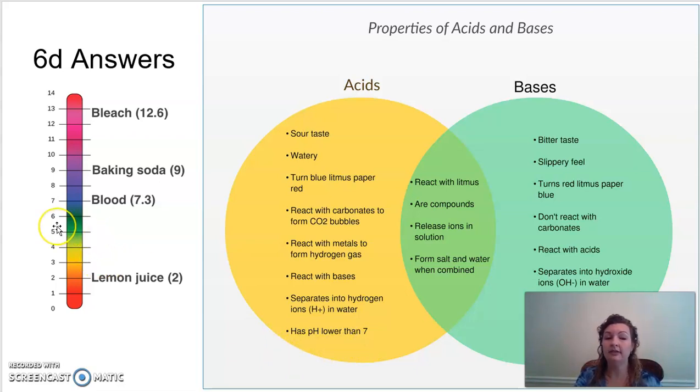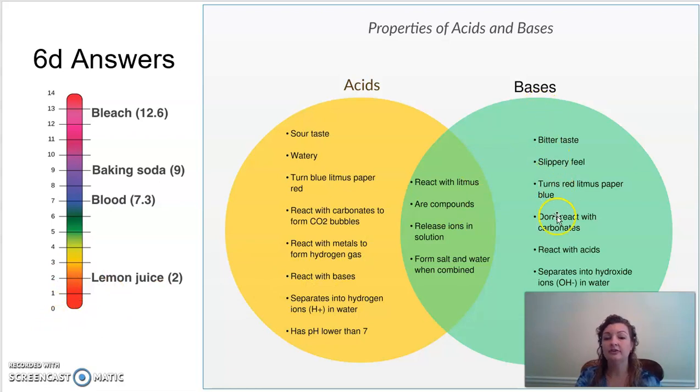So when you're looking at the pH scale, the closer you are to 7, which is neutral, the weaker of an acid it's going to be. The farther you get away from neutral, so the lower the number, the more acidic it's going to be, which means the more H+ ions are in your substance.